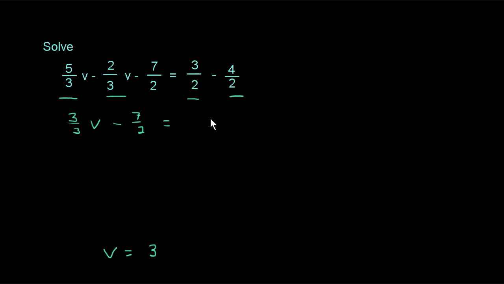We take the difference of the two and we get a negative 1/2. Looking back over on the left side, we can simplify that a little bit more. 3/3 is the same as 1v, or just v. And then we have minus 7 halves equals negative 1/2.